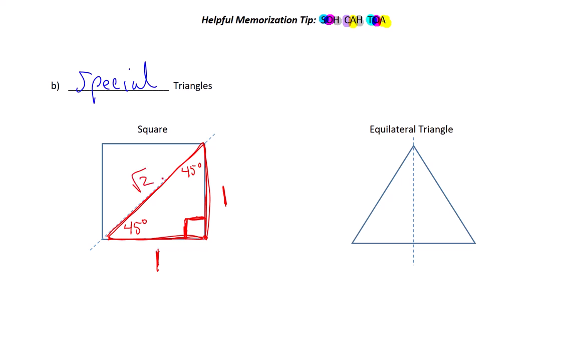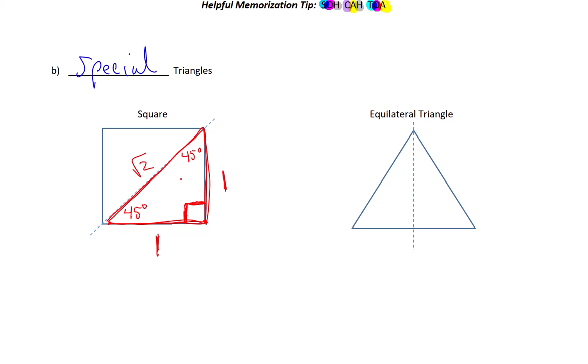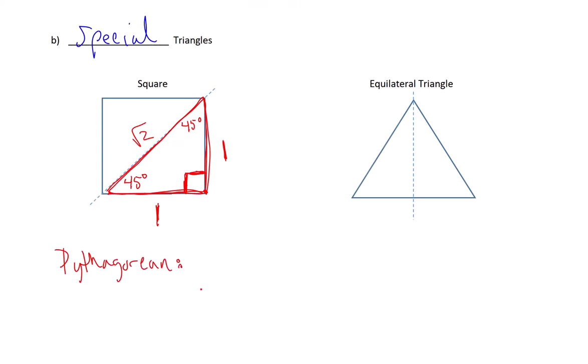Now, why is that the case? Well, think through the Pythagorean theorem for a second. If you have a right triangle, which we do, then a squared plus b squared equals c squared. That's just the good old Pythagorean theorem applying to a right triangle.